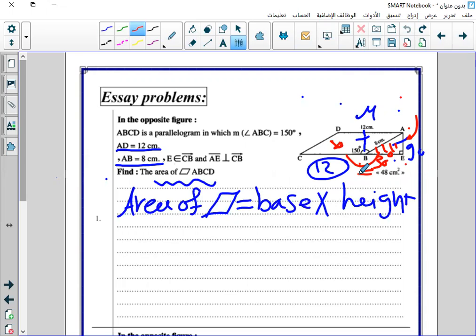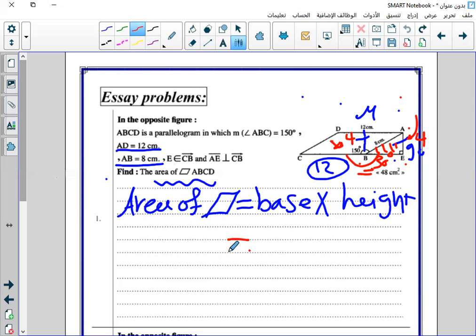So the length of AE equals half of AB, and AB is given as 8. Then AE equals 4, then BM equals 4.